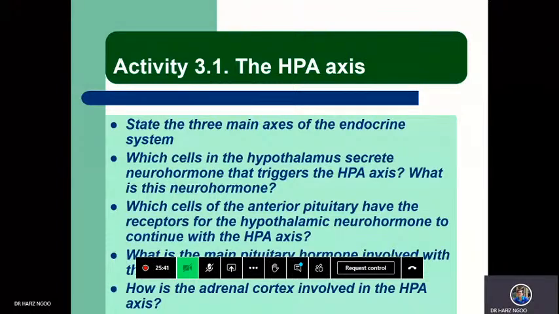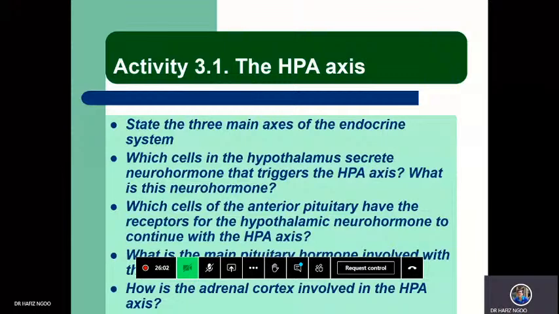Anyone? And what is this neurohormone? Chromaffin cell? No, the hormone. It is CRH. If you look at the cell, that means it's actually a neuron or the cell body of a neuron, okay?